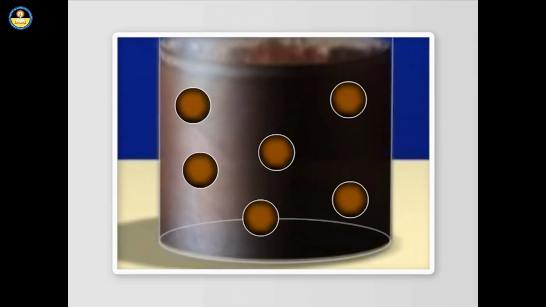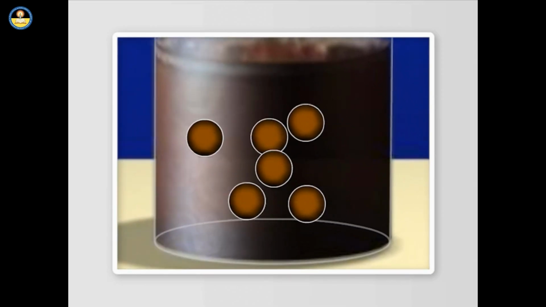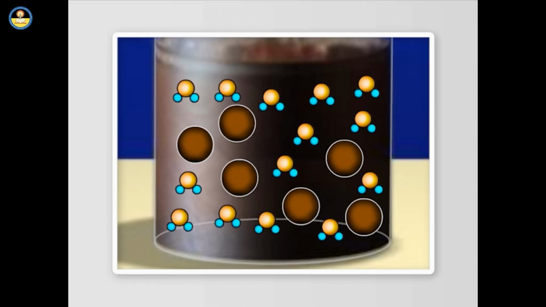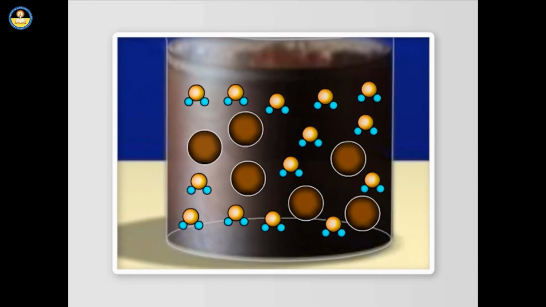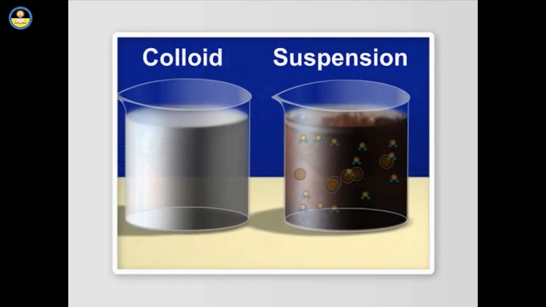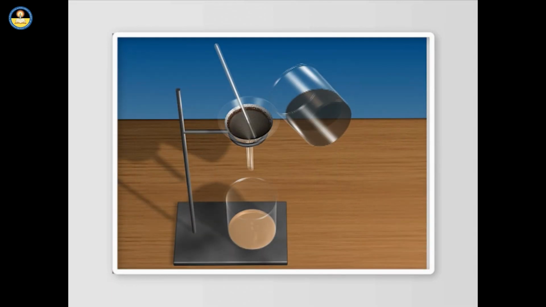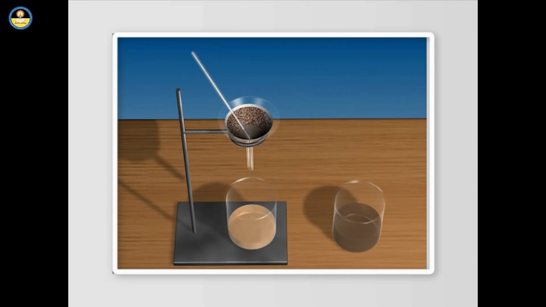On the other hand, particles of suspension are big and can be seen with the naked eye. Size of particles in suspensions is greater than size of particles in colloidal solutions, which is greater than size of particles in true solutions. This can be verified by the process of filtration.